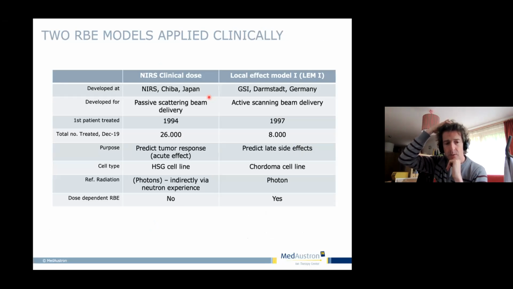When we entered the arena of carbon ion therapy in 2019, we needed to decide which RBE model we would stick to, and you might know there are two schools or two routes: mainly the Japan approach using the MKM model, or the local effect model approach originated at GSI in Germany.